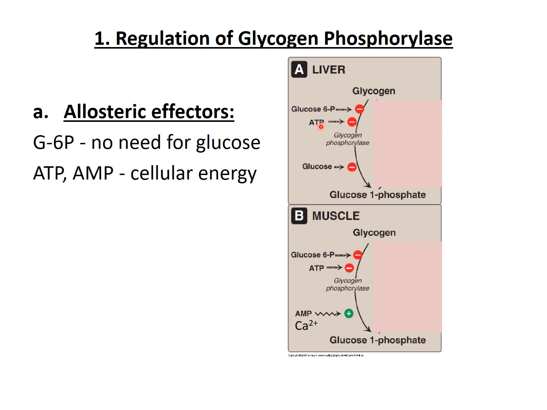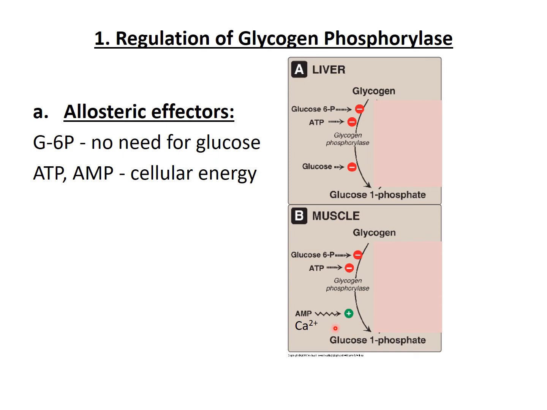ATP, high energy level, will also inhibit because we have enough energy. There is no need to produce more molecules that can go to glycolysis to produce more energy. And glucose itself will inhibit the process. So this is in the liver, very logical.